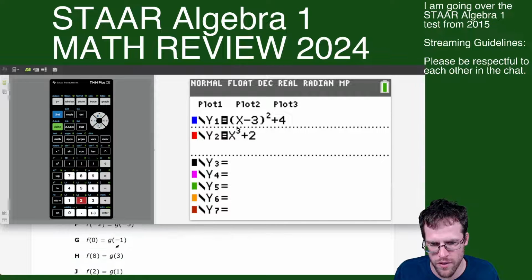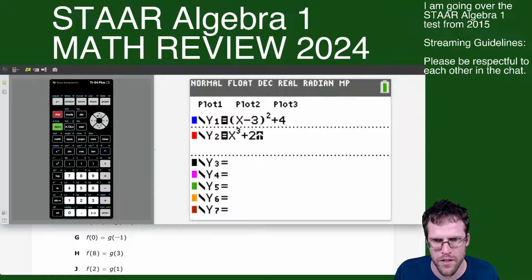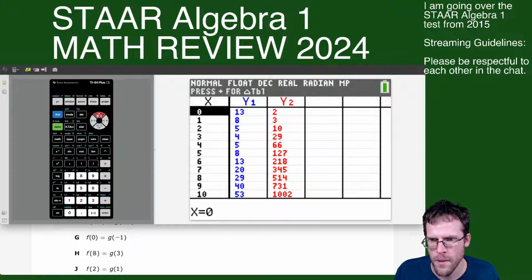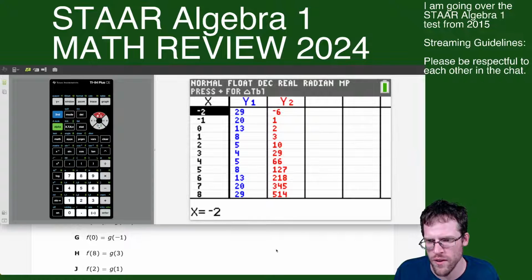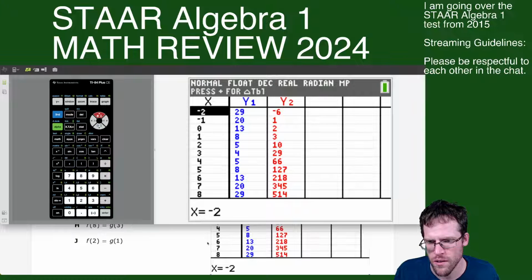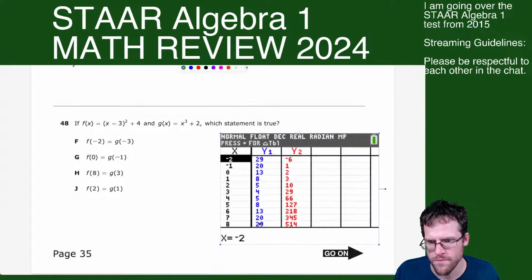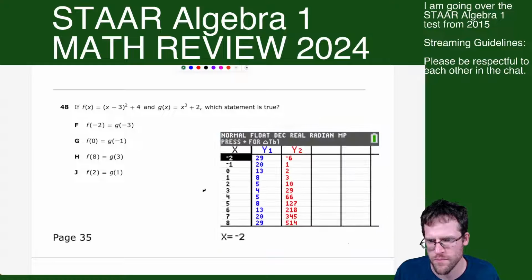And where do we go? -2, -3, 0. All right, so second graph, we go to the table. This should capture all the values that we need. Okay. So here, blue is f of x, and red was g of x.